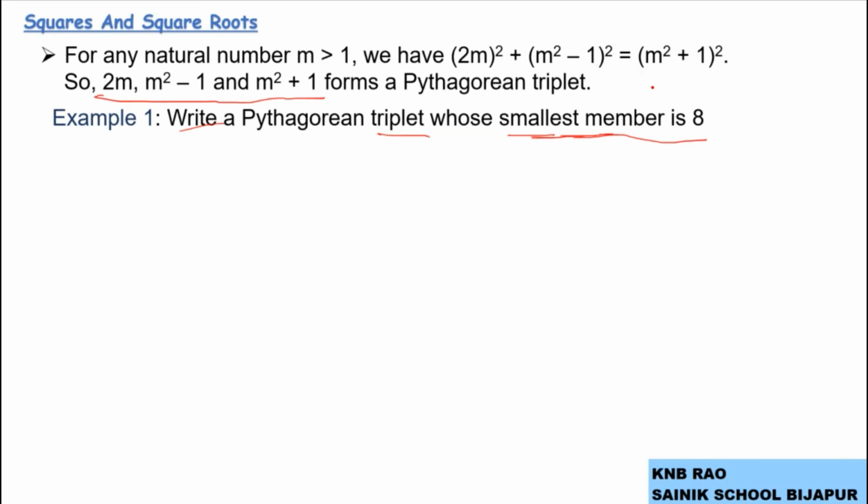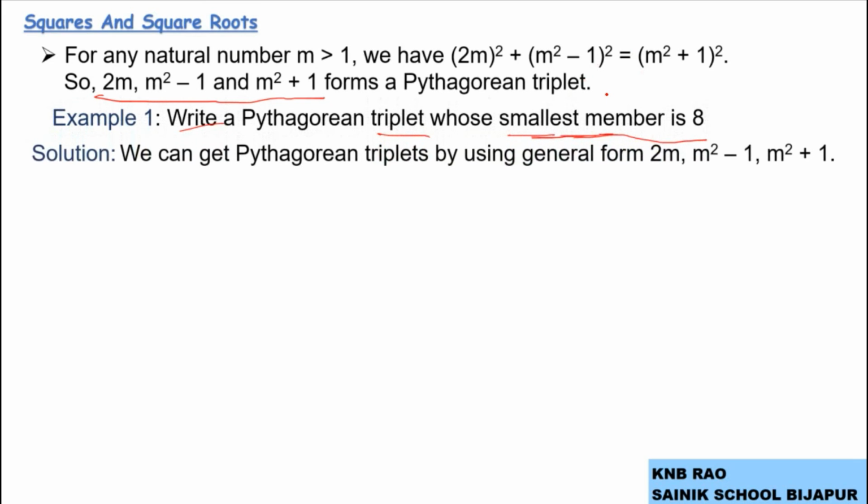Now we will look for reasons one by one. We know Pythagorean triplets by using the general form 2m, m square minus 1 and m square plus 1. Here I can equate m square minus 1 to 8 and get some triplets.